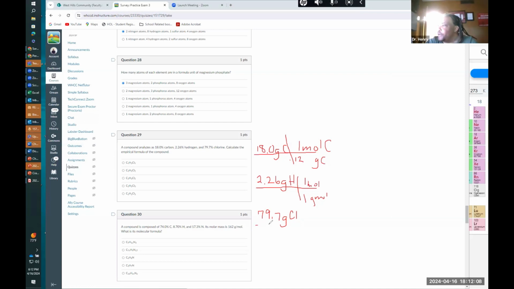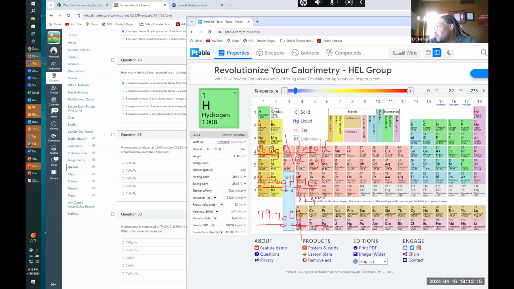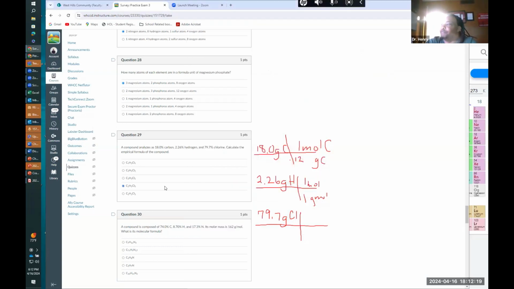And then chlorine weighs 35.45, and 1 mole.